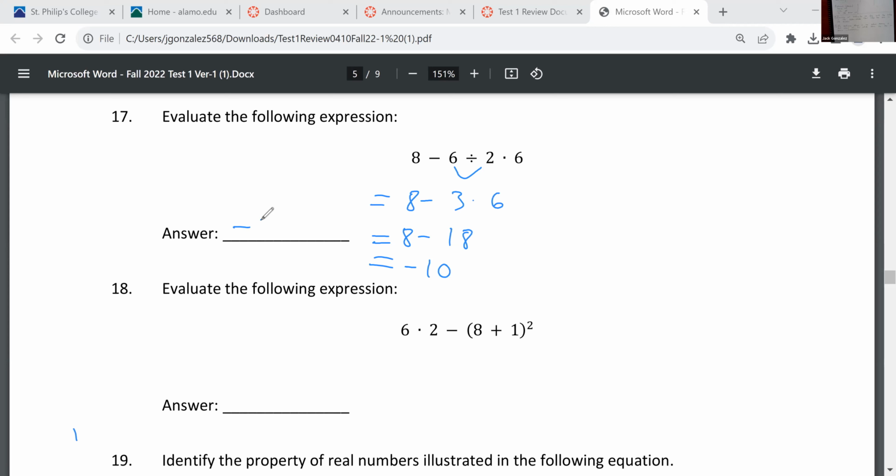Okay, I put it in the notebook. You guys cool on 17? Make sense?